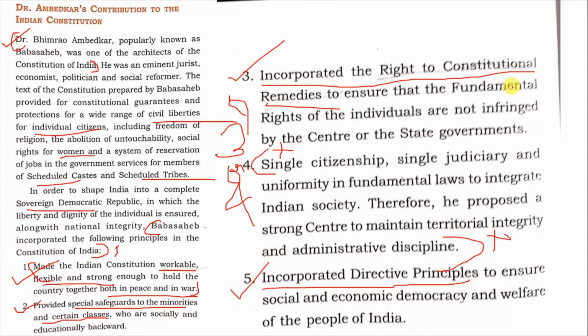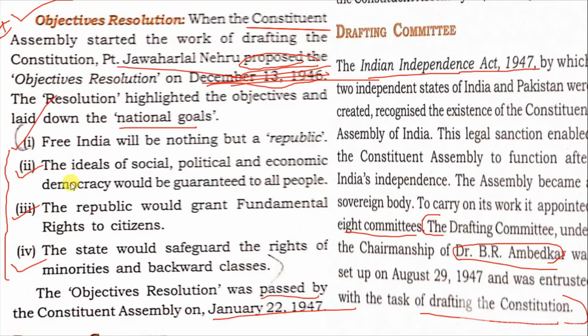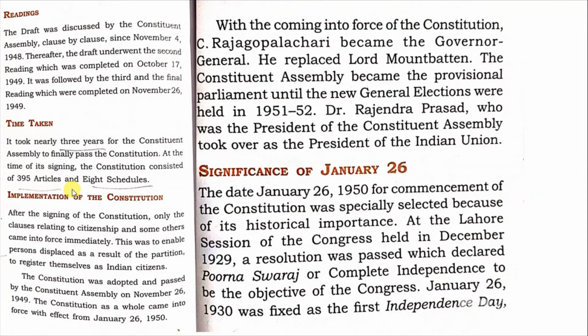Then he incorporated the right to constitutional remedies. Then he also incorporated directive principles. So try to make it a little small, certain things which I am going to tell you. Not everything, like never try to make the objective resolution and all small, but certain things that we can do. Okay. And next is about the readings and all.